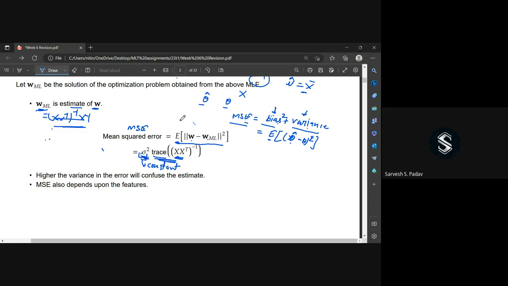The thing is that W_ML is something which we got from the sample, the data set which we collected. And the true value W is from the underlying distribution itself. That we don't know. We have estimated it as W and we are calling that W_ML.